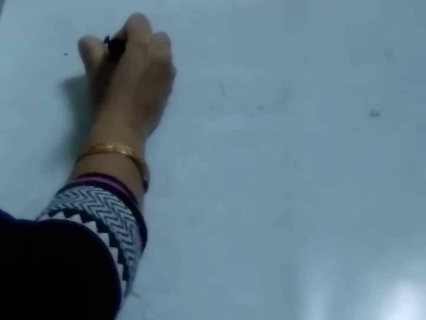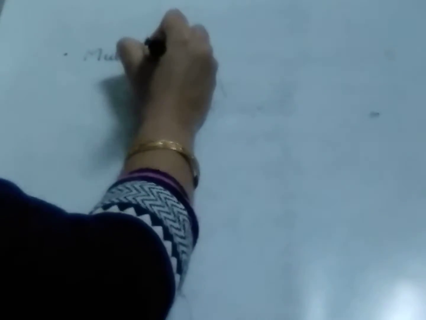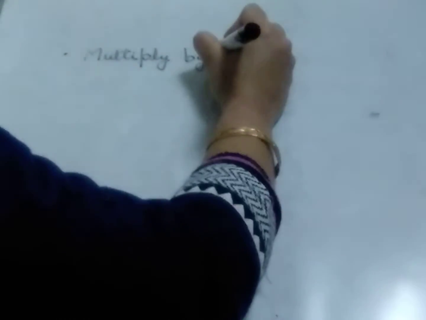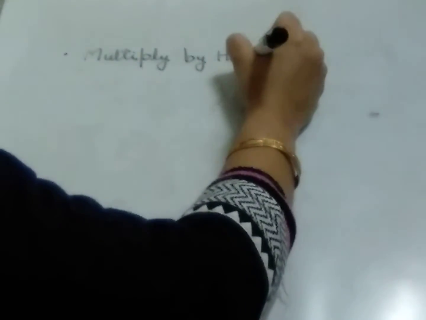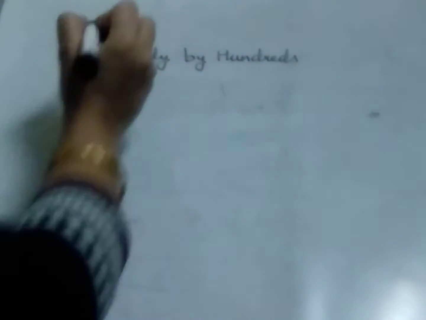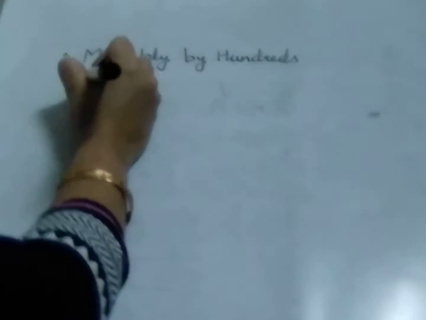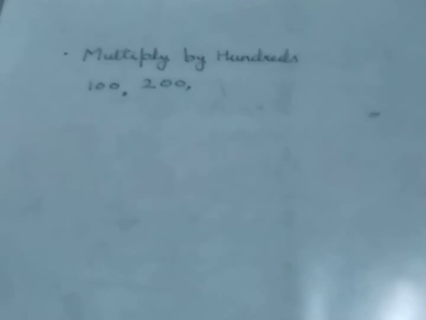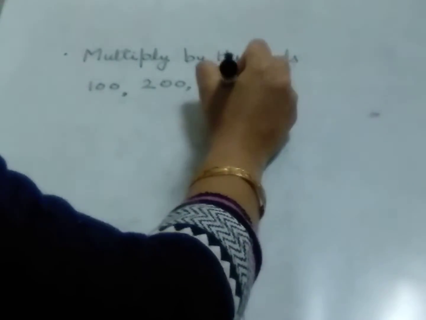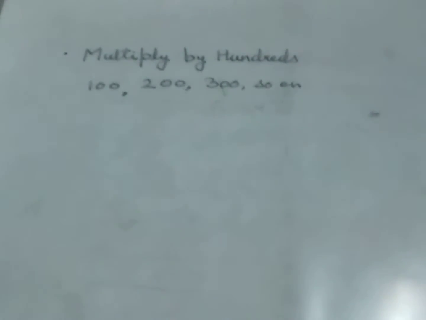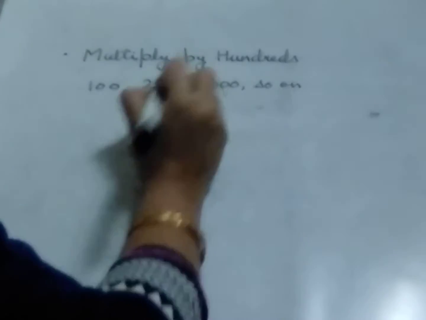Now let's do multiply by hundreds. To multiply by 100, 200, 300 and so on, first multiply by the number without the 0.